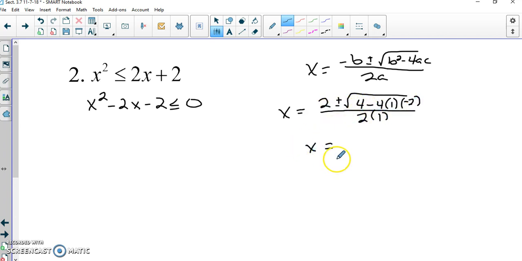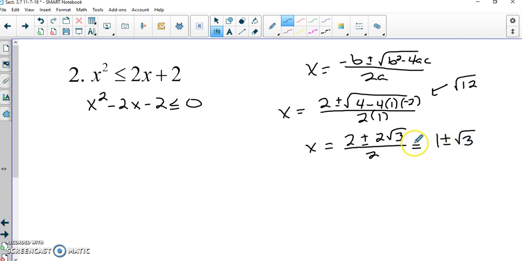And that is going to give me 2 plus or minus the square root of 12, and that will simplify to 2 radical 3 over 2. And so when I'm done, I get 1 plus or minus square root of 3.